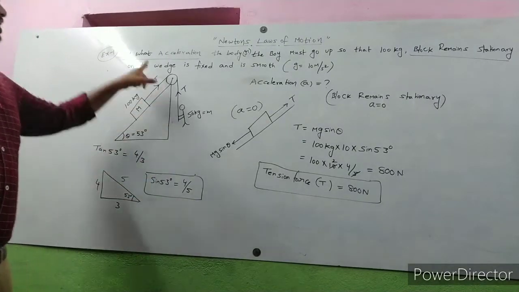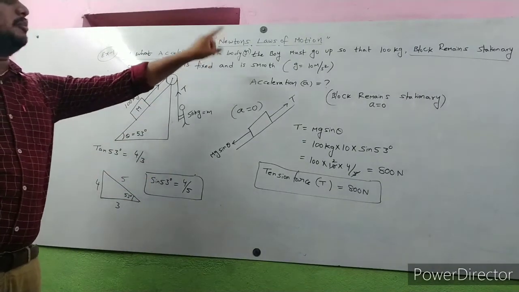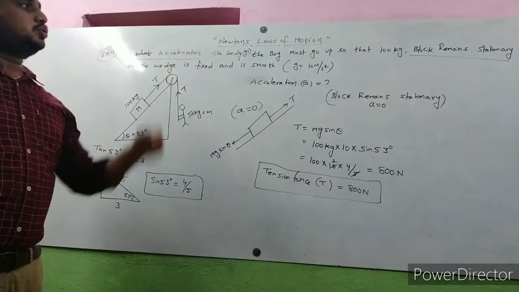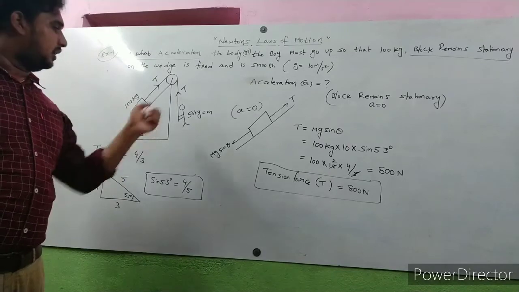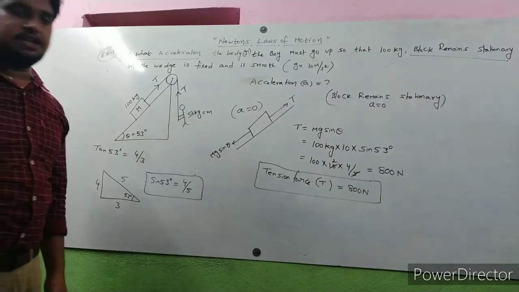Okay, so what we need to find here: at what acceleration the boy must go upward so that the 100 kg block remains stationary. The acceleration of the boy we need to find.